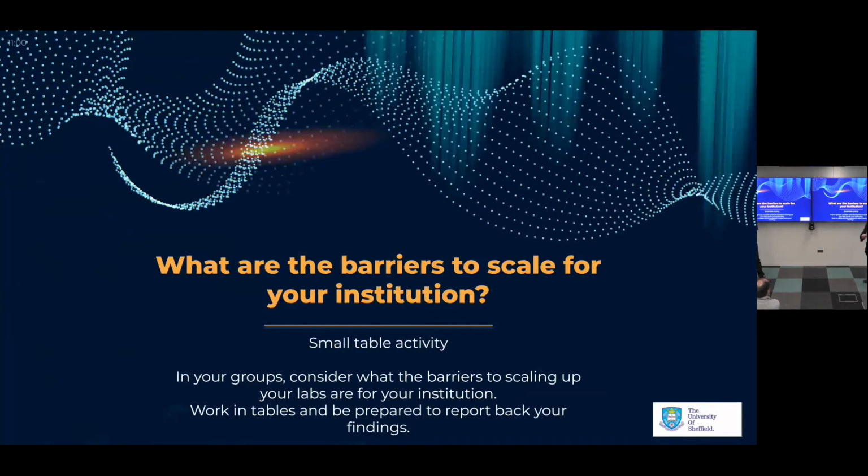So you want to run that lab for 800 students. What are the barriers that you would face? This is a small table activity. So work in your groups of 6 or 12, if you like. Come up with a list of all the barriers that you think you might face, and we will come up with our pre-prepared solutions. So take 5 minutes, maybe.